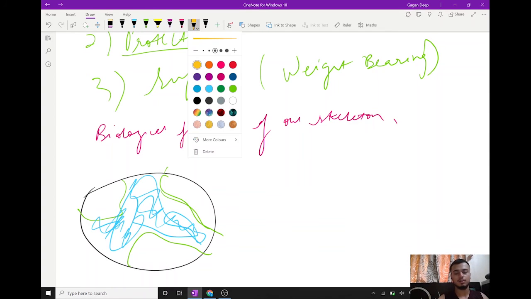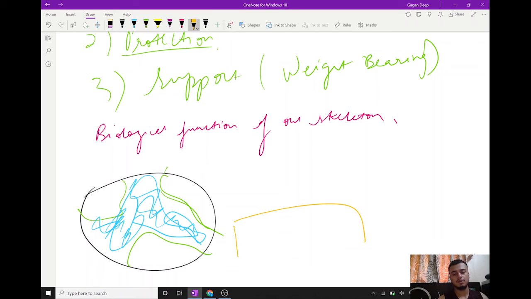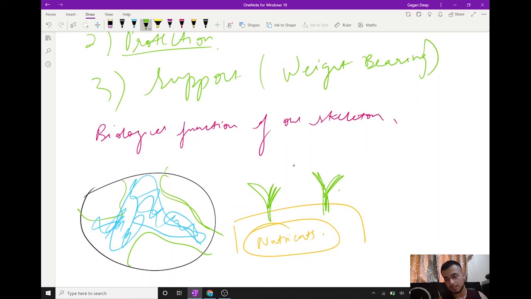Now on earth there is land. The land has everything we need, all the nutrients. And then there are plants. If the plants need nutrients, where will they get them from? From the land, from the soil. So this can be called a mineral reserve for it.